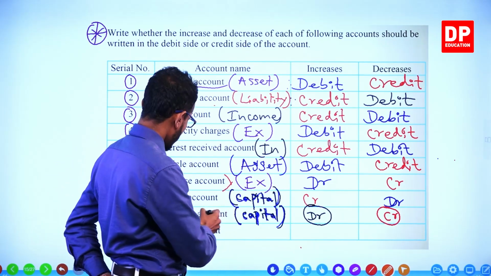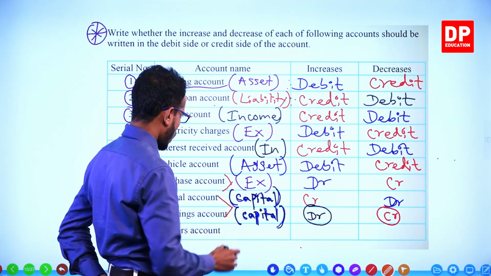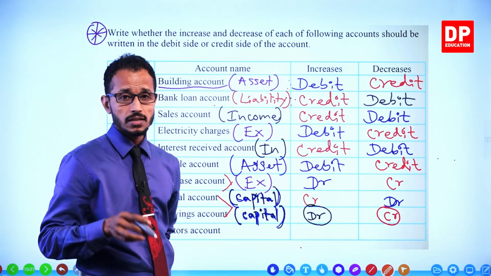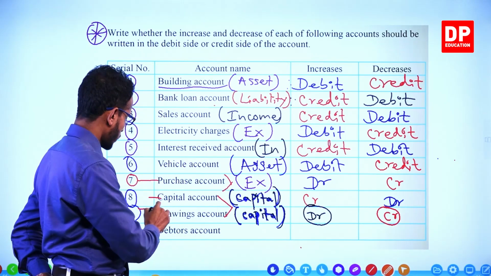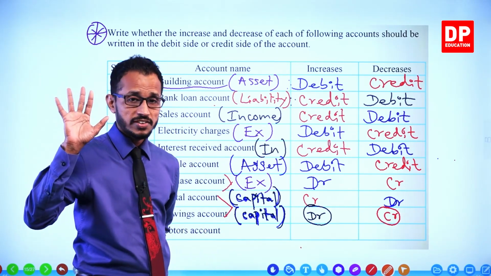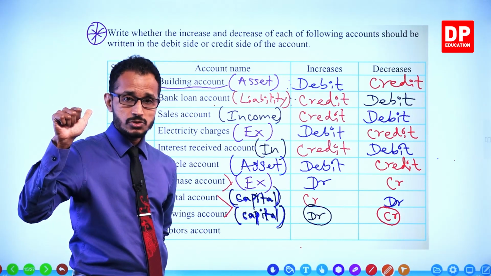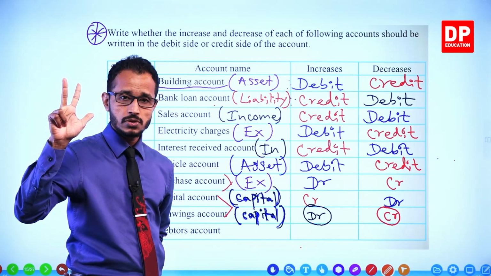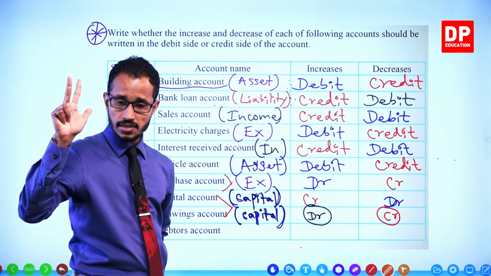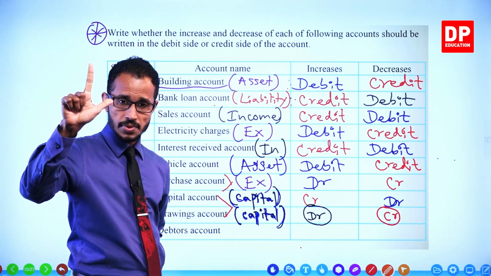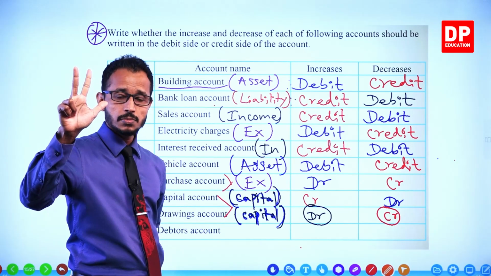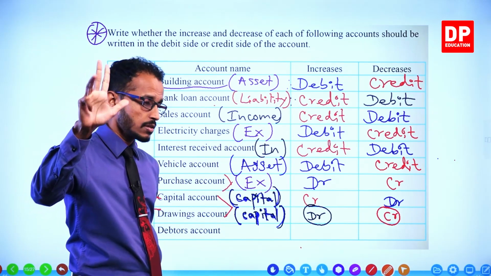Although drawings account and capital account are both considered capital, both are capital accounts. There are 5 types of accounts: asset accounts, liability accounts, capital accounts, and somebody said income and expenses.